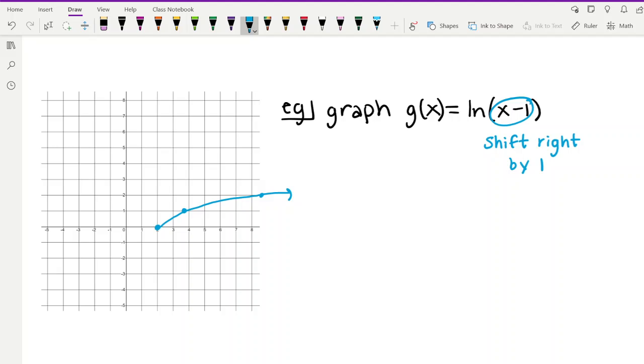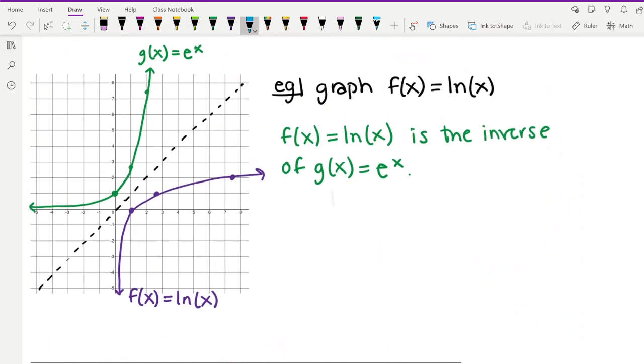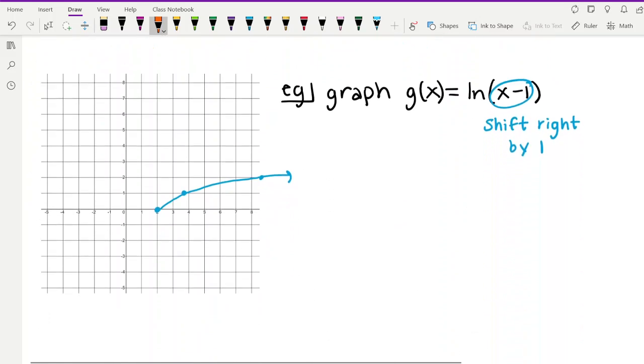What about the asymptote? Just like with exponential functions, when we shift the graph, we have to be aware of if the asymptote is moving. So if we look at the original function, just ln of x, we have a vertical asymptote at x is equal to 0. And so where is that vertical asymptote going to be on this one?